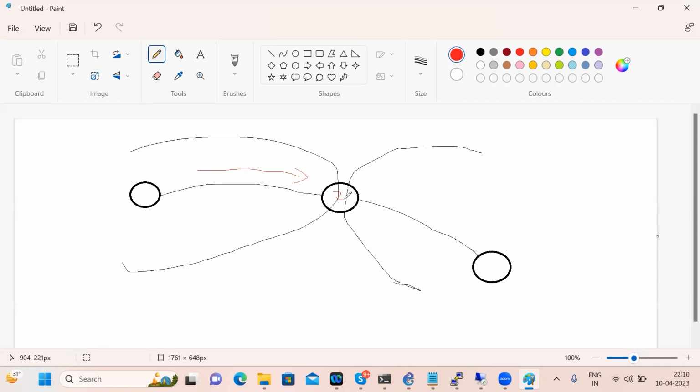It exchanges the same thing to its iBGP neighbors.